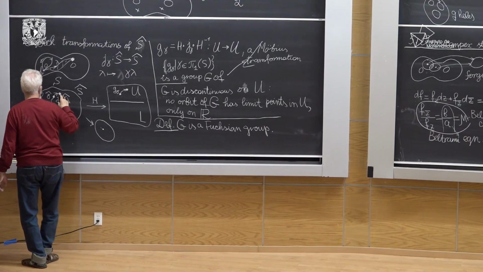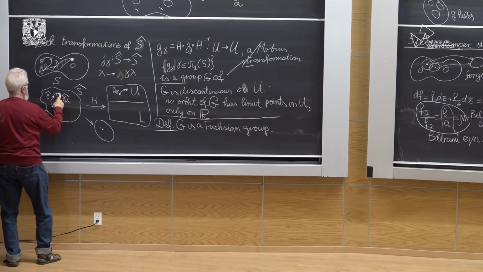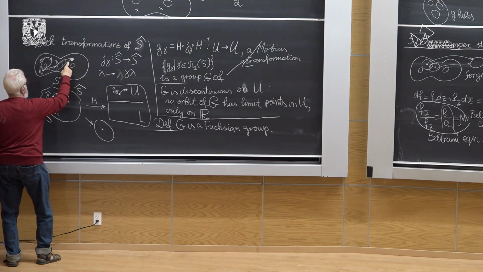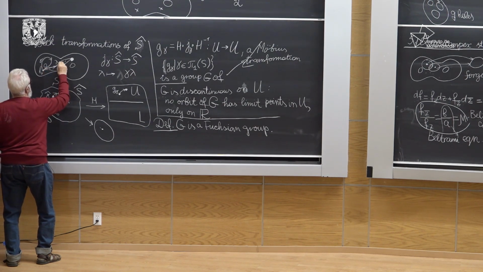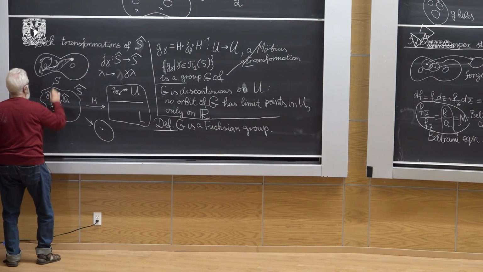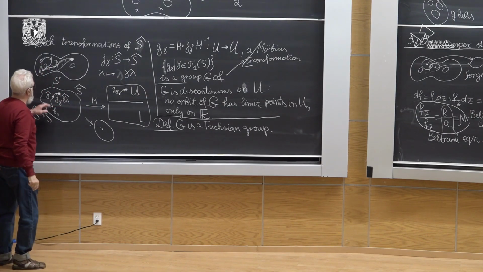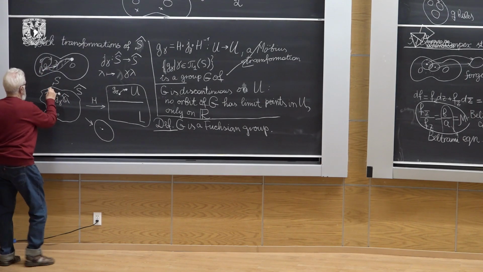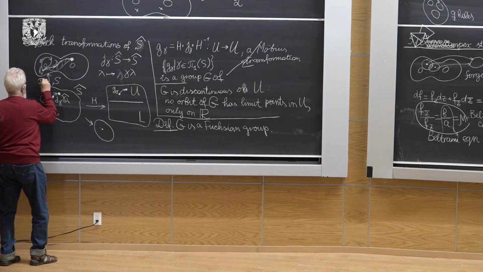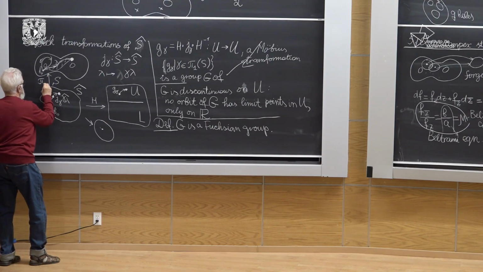A universal cover, and identify all the points that come from the curves with one and the same endpoint. This curve, and many, many others. So then we project the universal cover to here. This is P0.